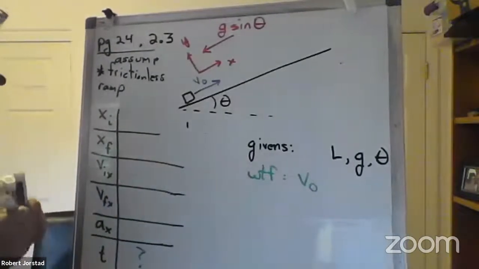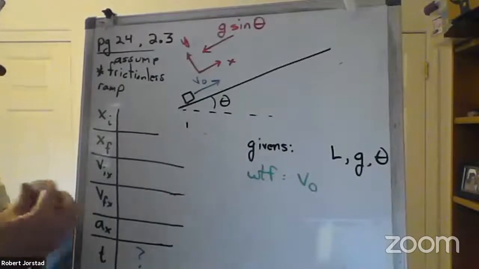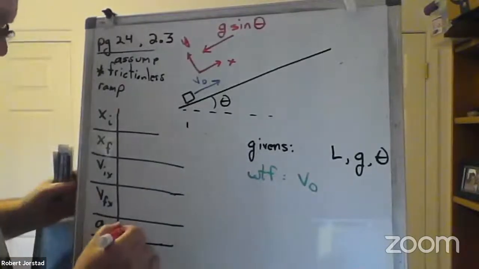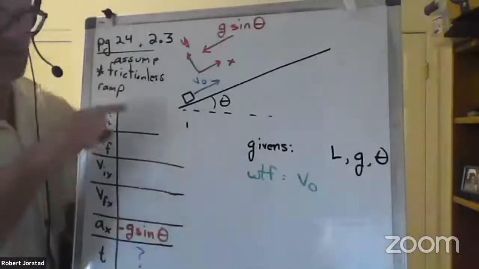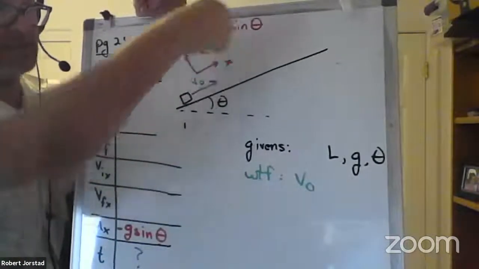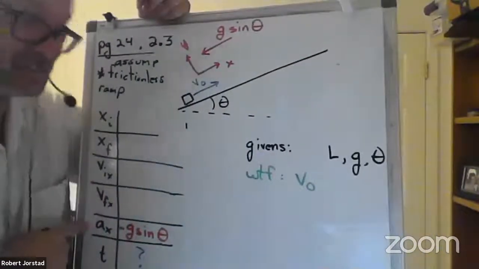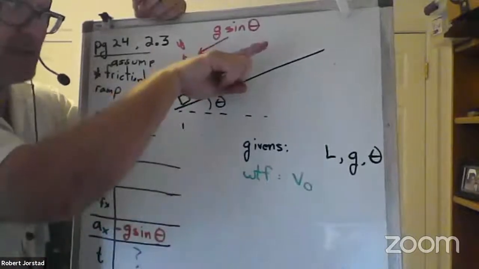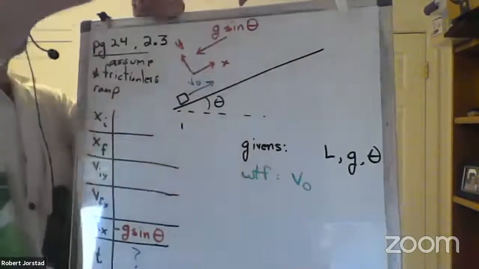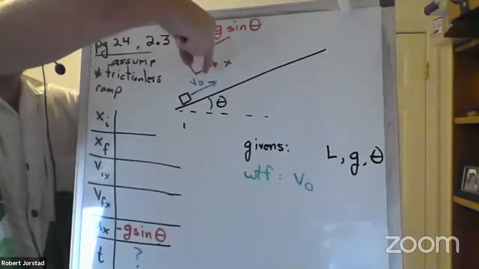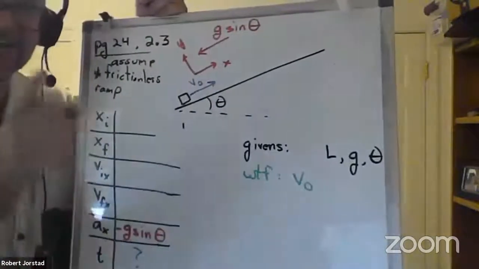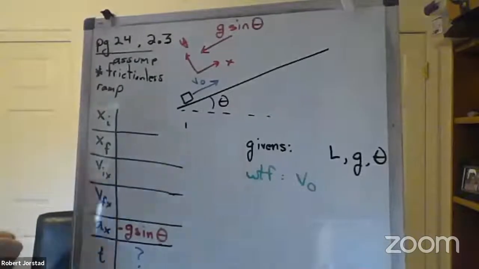Is a sub x known or unknown in this case? Known. Is it g sine theta? Negative g sine theta. Good job. We know this way is called positive, but it's accelerating down the ramp. Remember that there's an i hat implied on all of these. Anything going this way would be a positive v or a positive a. Anything going that way, opposite the coordinate, would be a negative i hat. Nice job.